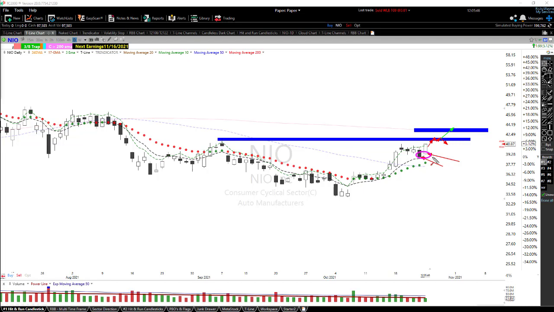That's what it is, okay? Or it can be a really nice rectangle, what we call a pop out of the box setup. And the scanner can just define those. It's really cool.